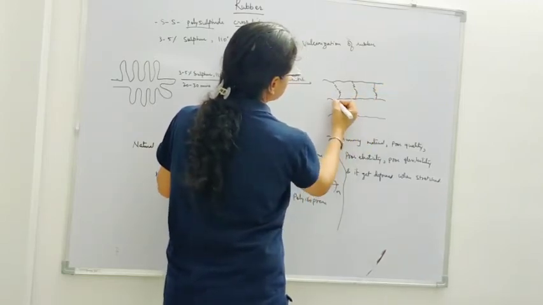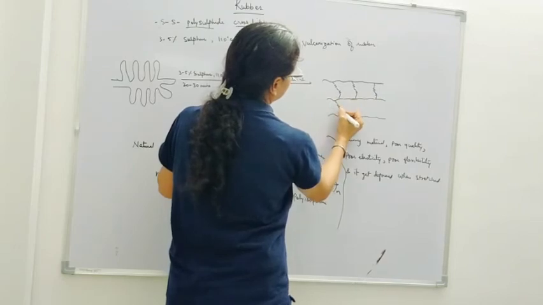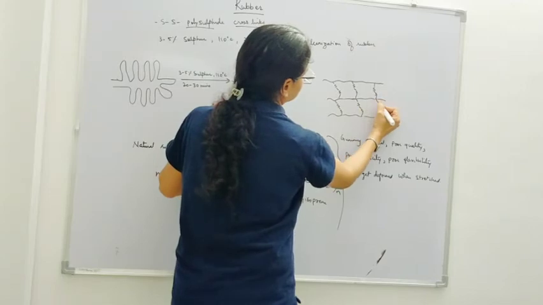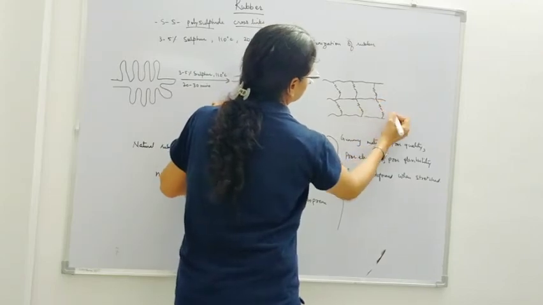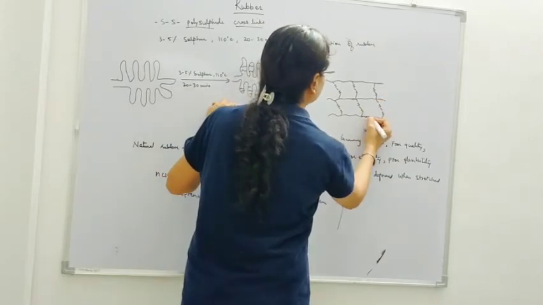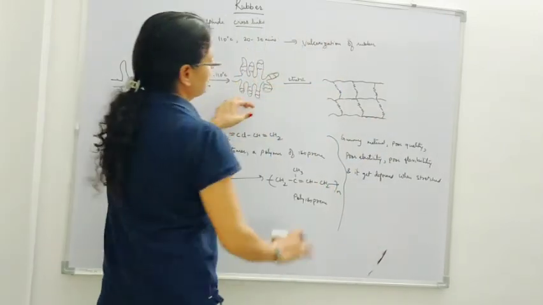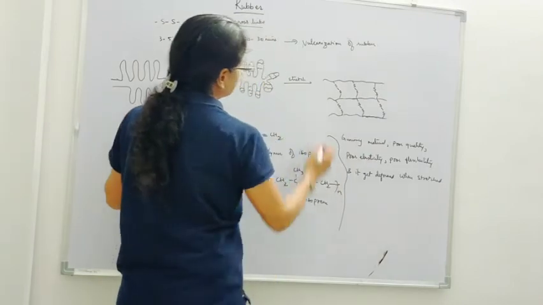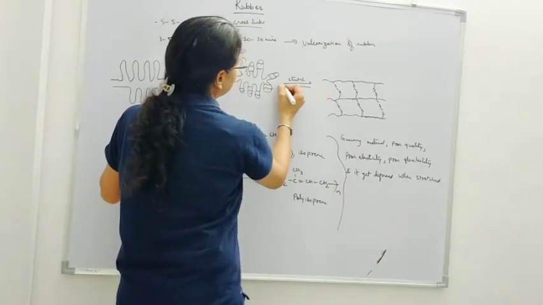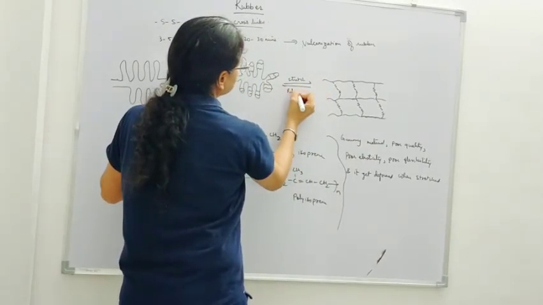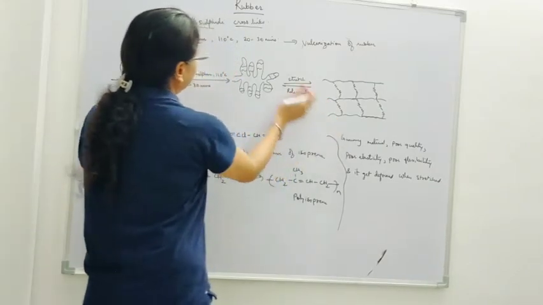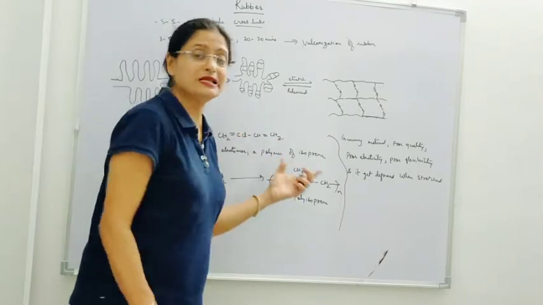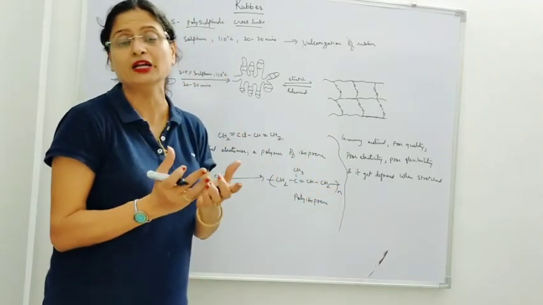So what happens when you stretch it? This also gets stretched, and you can see the S-S polysulfide cross links. And when the strain is released, it again comes back to its normal position, but it does not get deformed. Now when I say stretching, the stretching can be done to a certain extent.